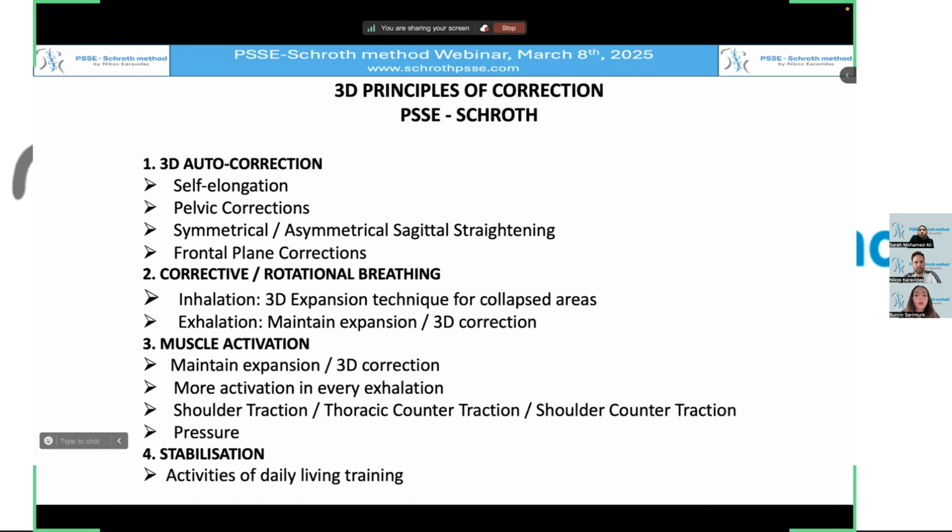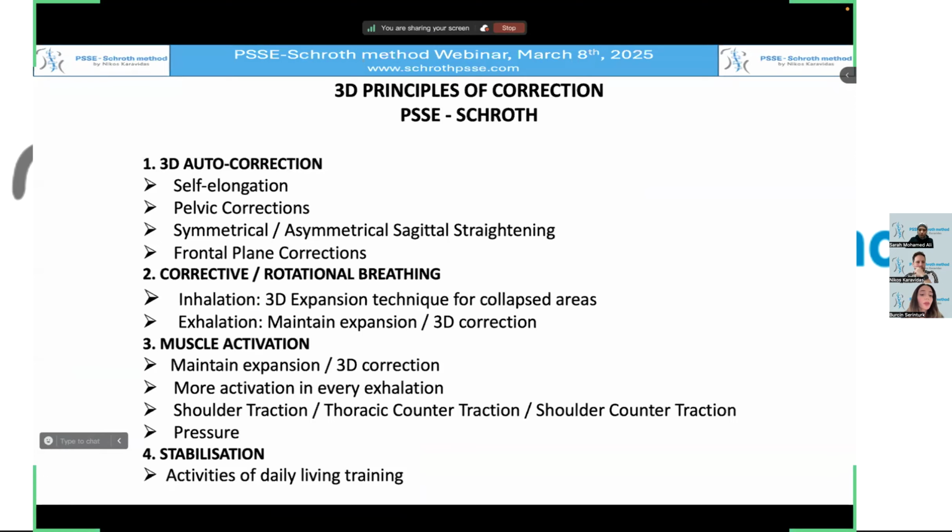Now we are talking about the 3D principles of correction that we use in PSSE-Schroth. I will just give you the general idea of how we treat our patients and which principles we should follow.